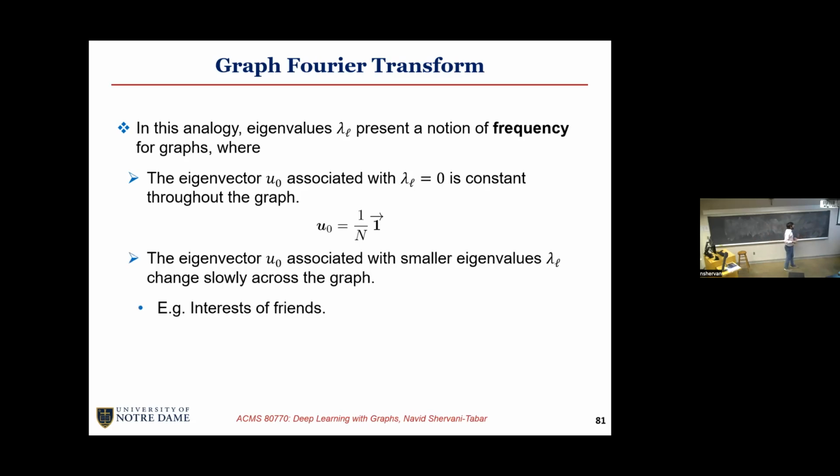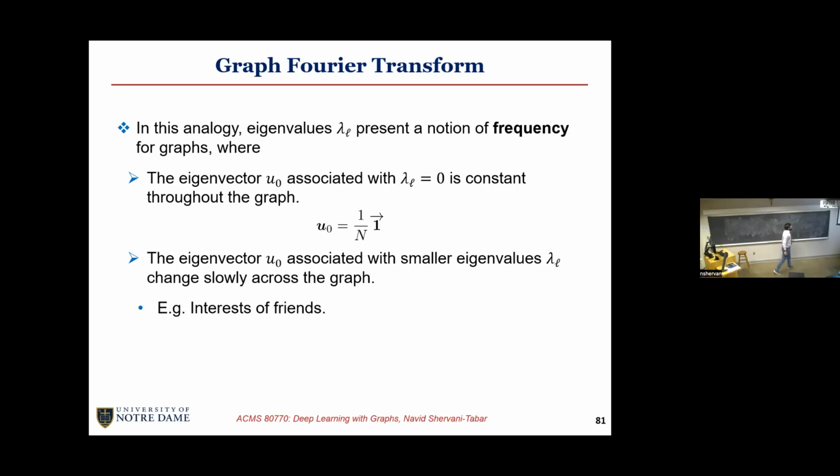Then for smaller values of lambda, close to 0, you want it to slowly start to vary, to oscillate. This oscillation across the graph means how the values change from one node to the other. The first eigenvector had all elements the same. You will see that in a couple of slides.